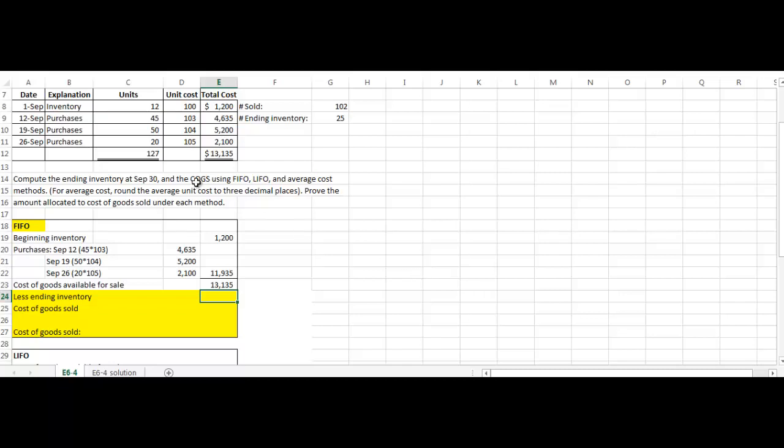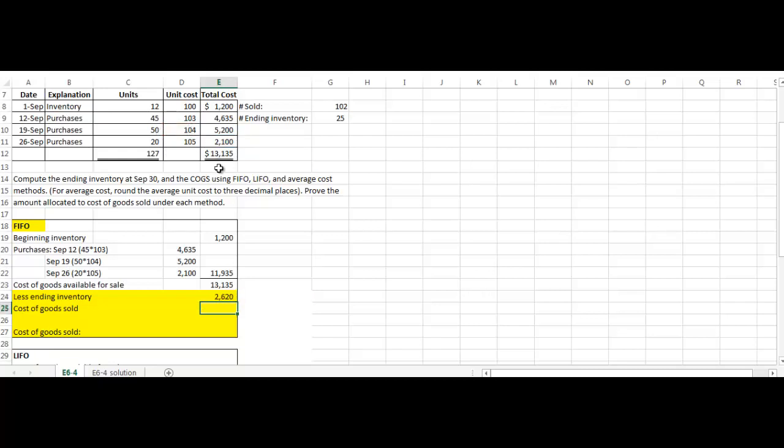So let's go ahead and pick them off from the last purchase. We had 20 that were purchased at $105 for $2,100. So we'll at least get 20 of the 25 taken care of. But then we need to add 5 more. So we'll take those 5 that we need and multiply them times the price that we paid for the next last purchase, or 104.